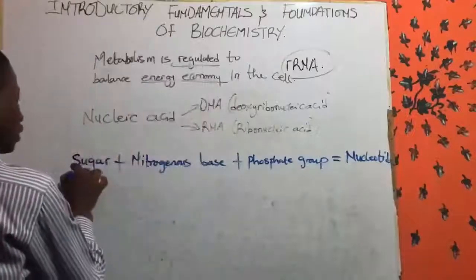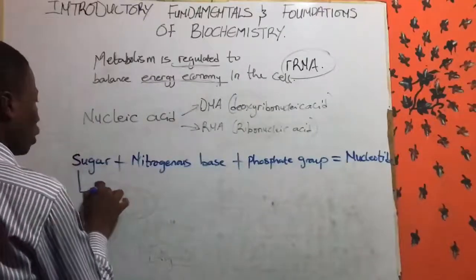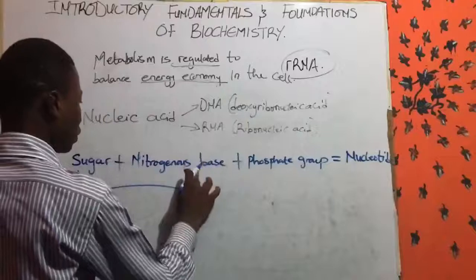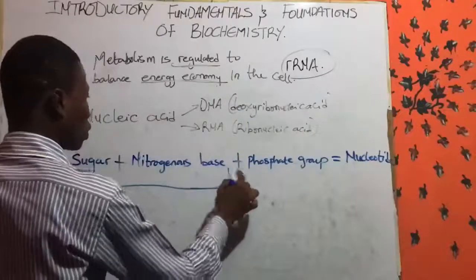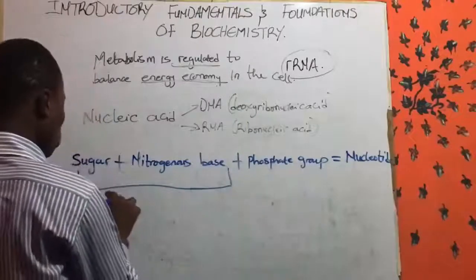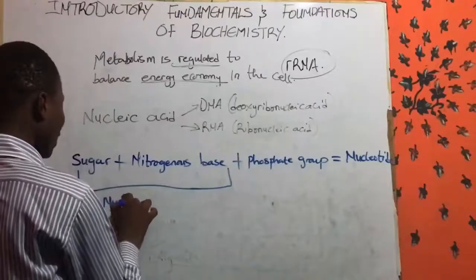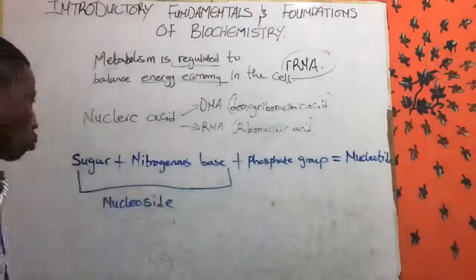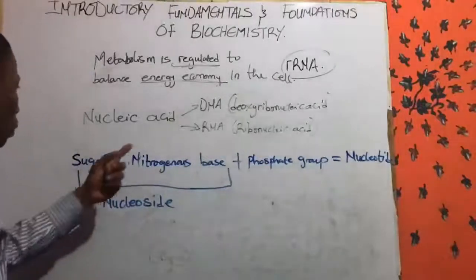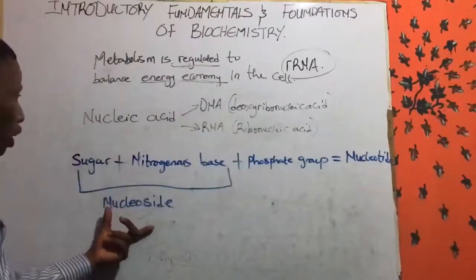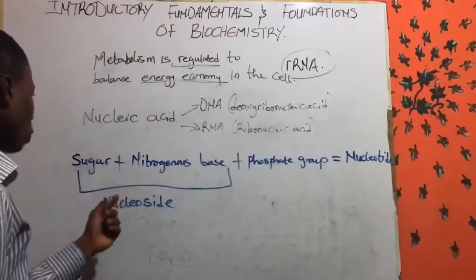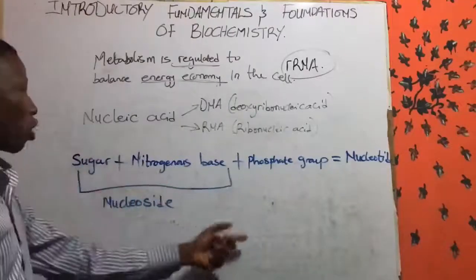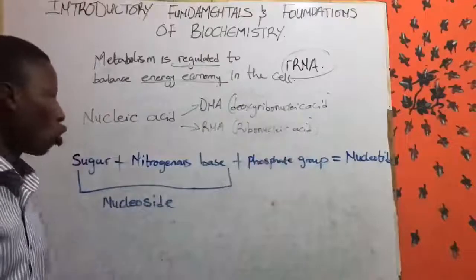Now, this sugar plus nitrogenous base without the phosphate group is what we know as a nucleoside. We are going somewhere. Sugar plus nitrogenous base gives you your nucleoside, but a nucleoside plus a phosphate group gives you your nucleotide.